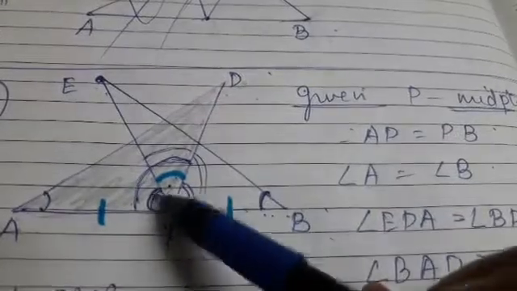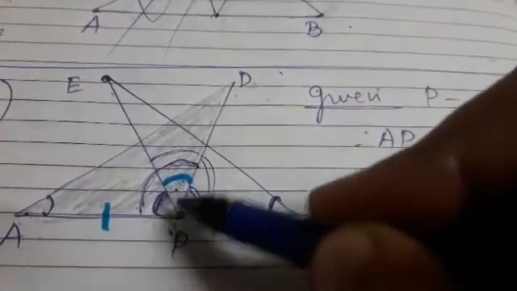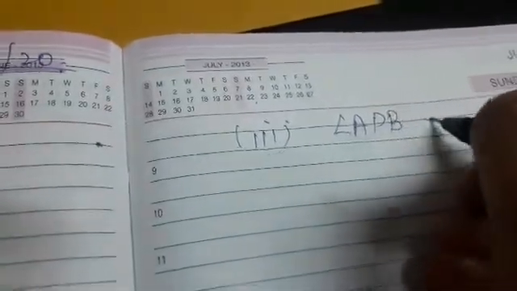Now, when I say this part is equal to this, the one which I am highlighting with the pen, look here: this and this. This whole angle is APD. So my third point will be angle APD.